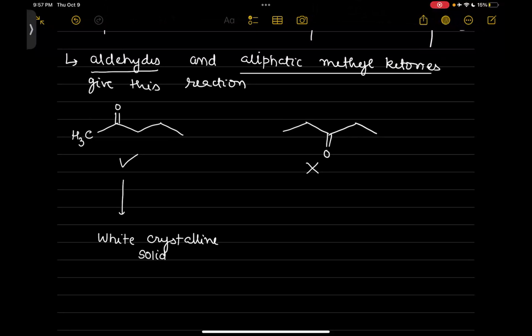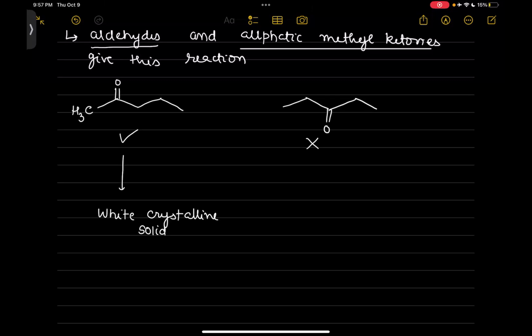Marwa, is it clear? Yes, sir. Then you can filter it and boil it with HCl, and you can separate them. Got it? That's how we do the separation. So this method is important.